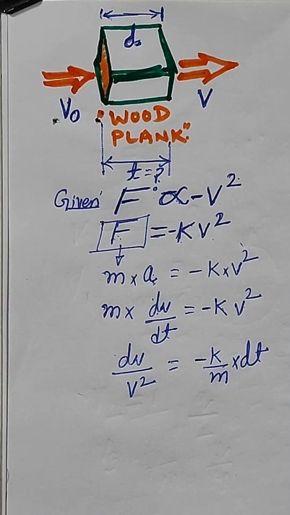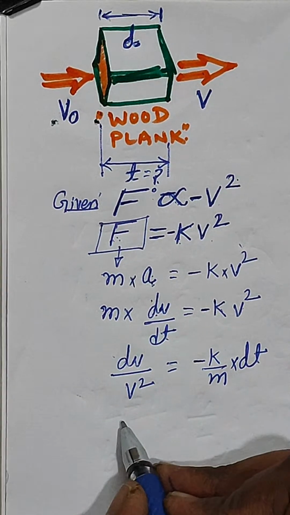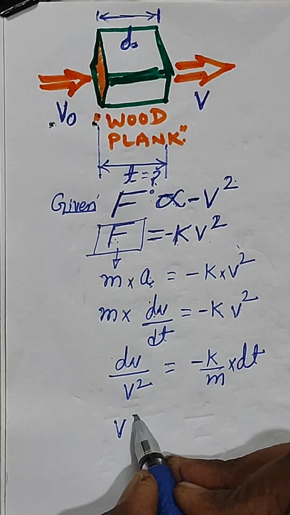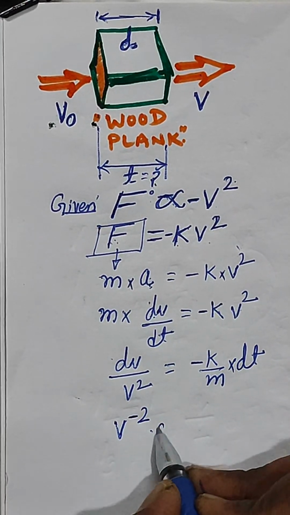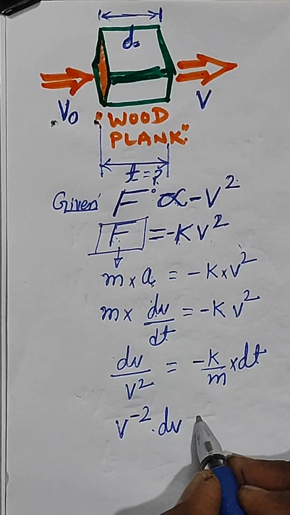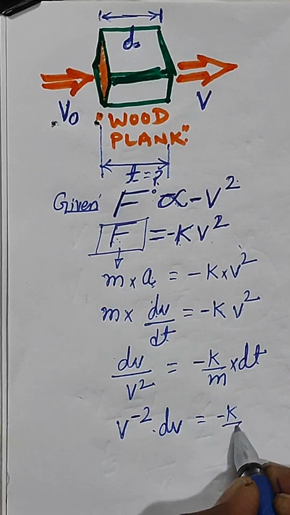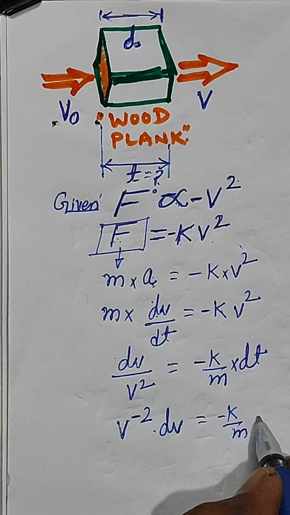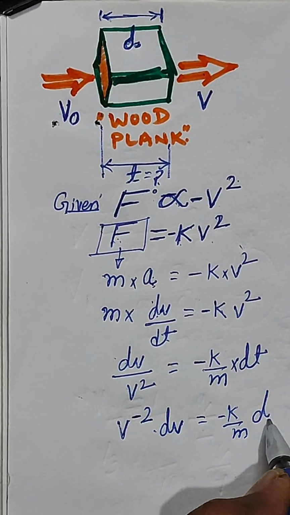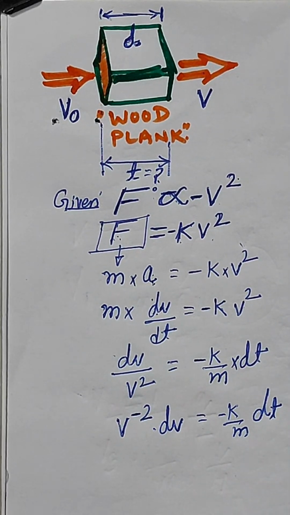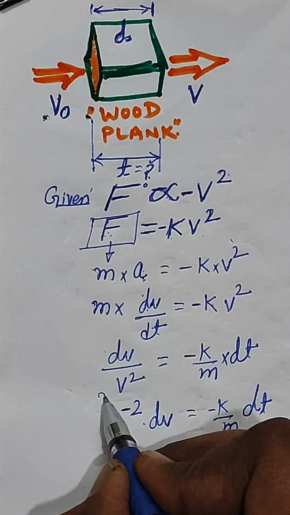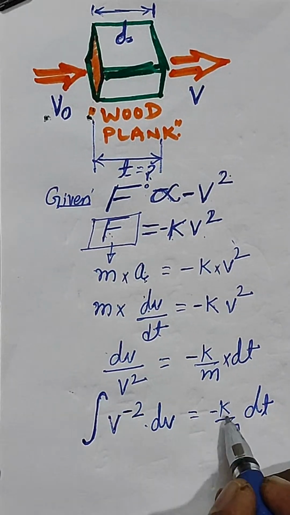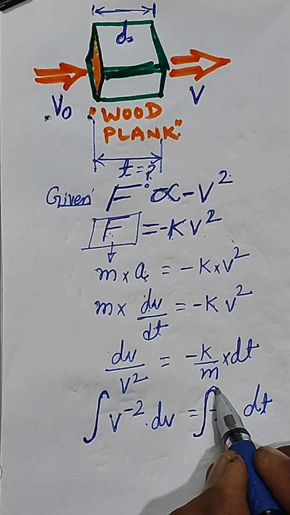Now this can be written as v power minus 2 into dv, equal to minus k by m into dt, right?